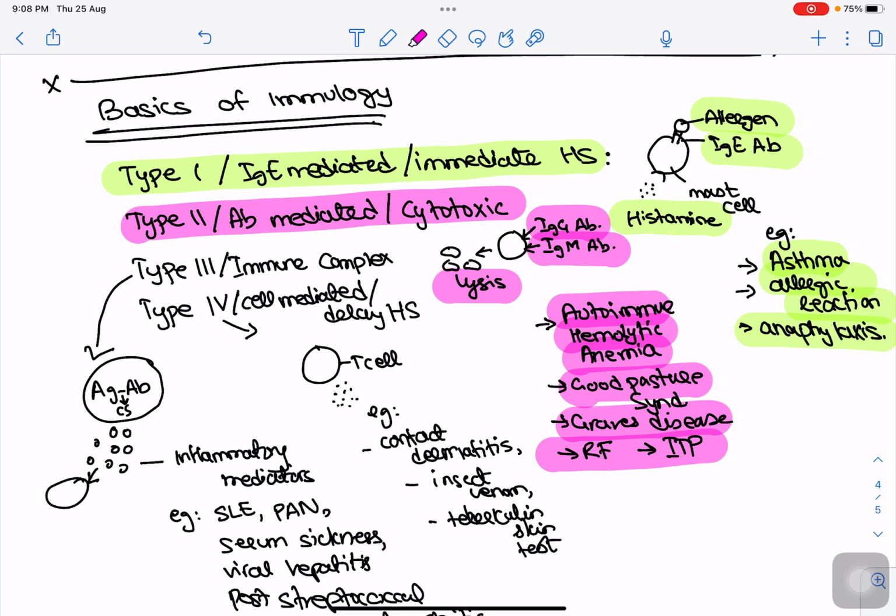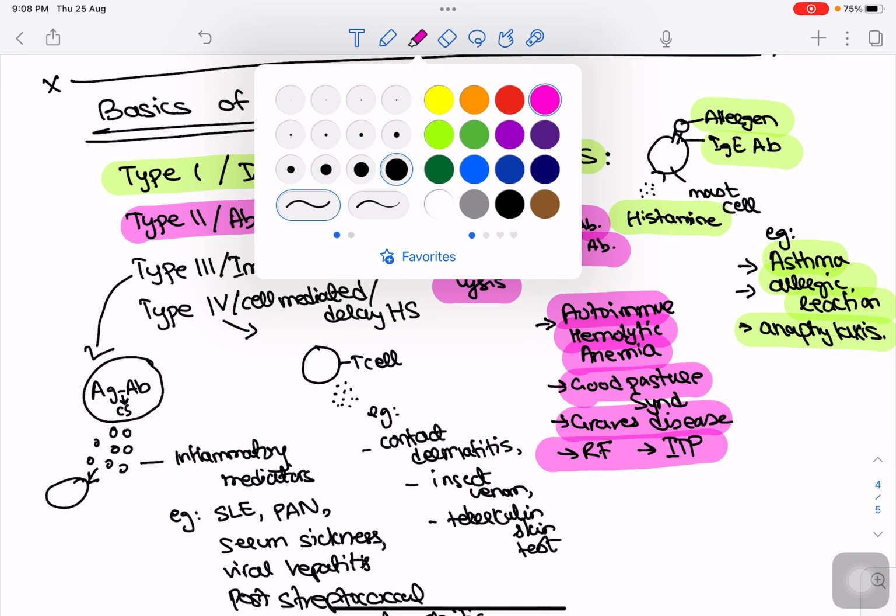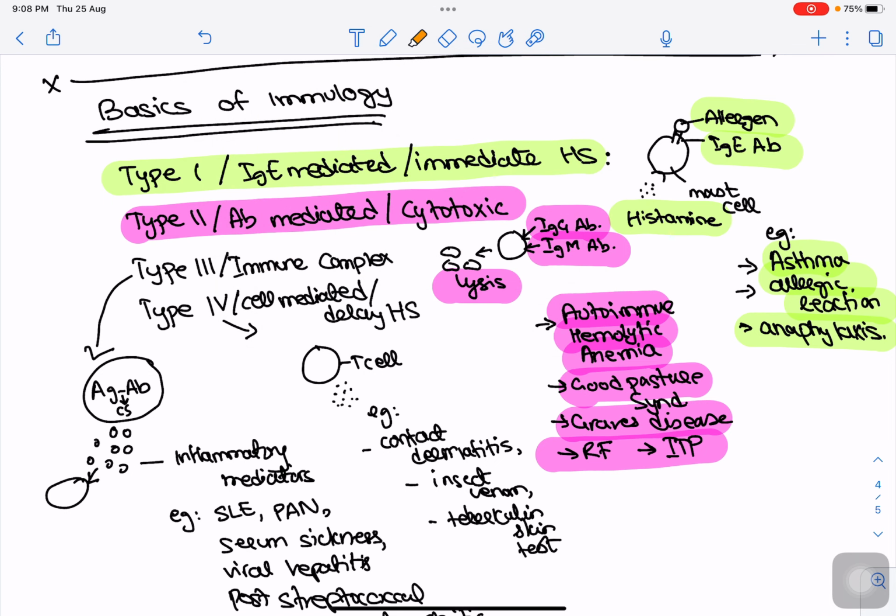Similarly, type 3 hypersensitivity reaction is also known as the immune complex. As the name suggests, an immune complex, an antibody and antigen complex, activates the complement and leads to cell destruction.